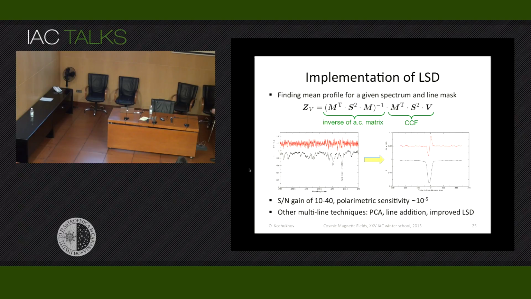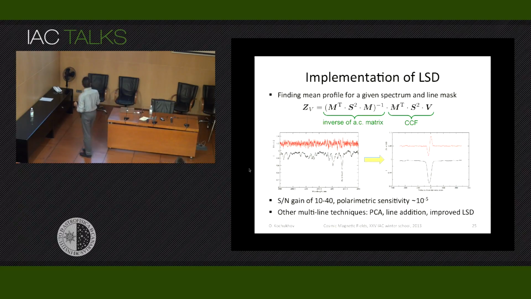So the typical gain, of course, depends a lot on how many lines we are able to use. The cooler the star, the more lines we are able to use. But typical numbers are between 10 and 40. That means that if I have a recorded spectrum with a signal to noise of 100, and I apply this method, least squares deconvolution, I get the mean profiles with perhaps signal to noise of 4,000, whatever.